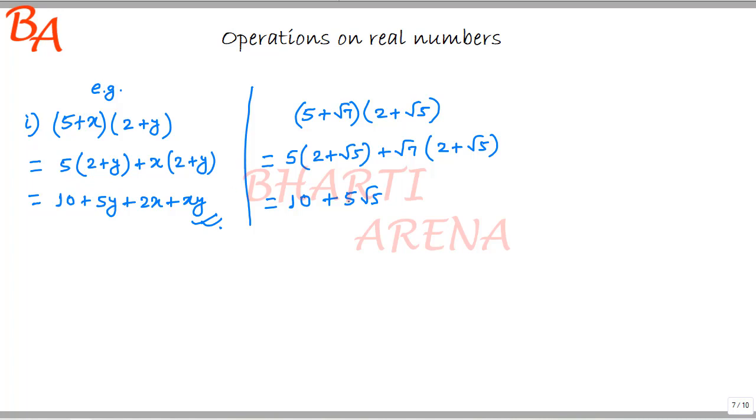In the place of y it is root 5, plus root 7 into 2, that is 2 root 7, plus root 7 into root 5. So it will be written like this one, 7 into 5. So one step we will write here more, that is 10 plus 5 root 5 plus 2 root 7 plus root 35, that is 7 5s are 35. So this is the way, the same algebraic way by which we can operate on real numbers.